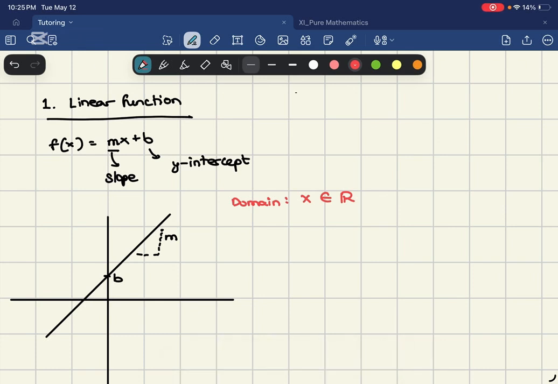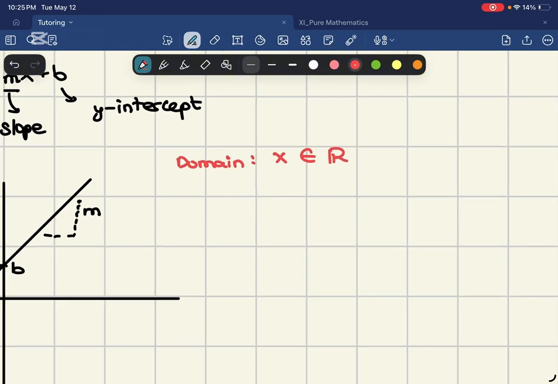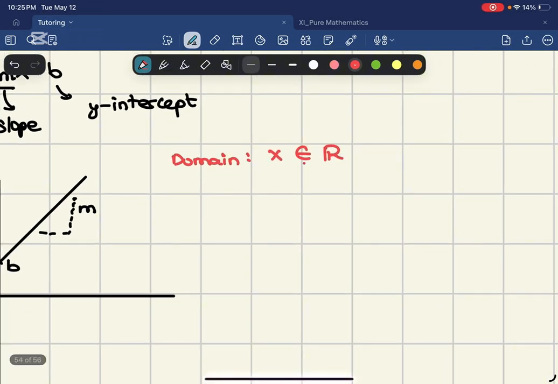Later we will discuss complex numbers where you have imaginary numbers, but anything that does not contain i, the imaginary unit, all real numbers you can put into this function and you will get some output. So the domain is all real numbers. And this is how we express it: x is an element of the set of real numbers.